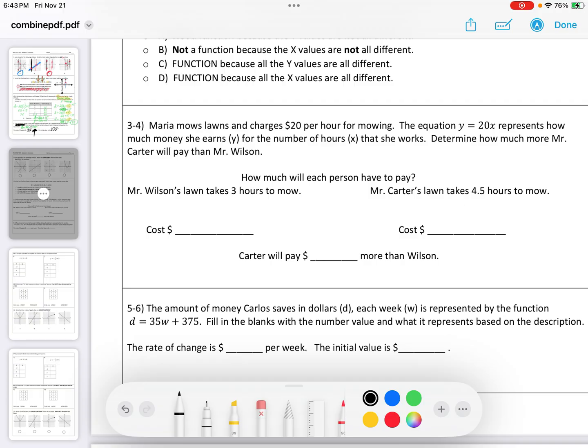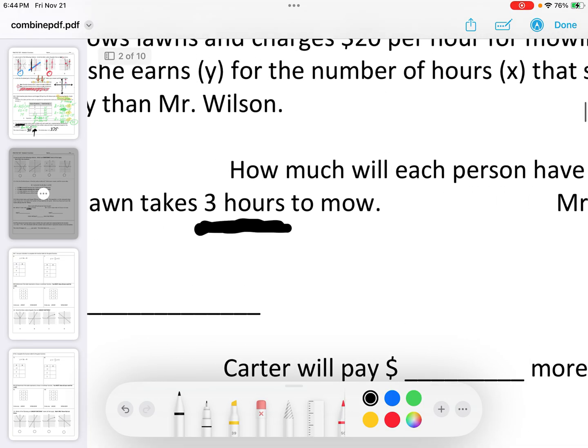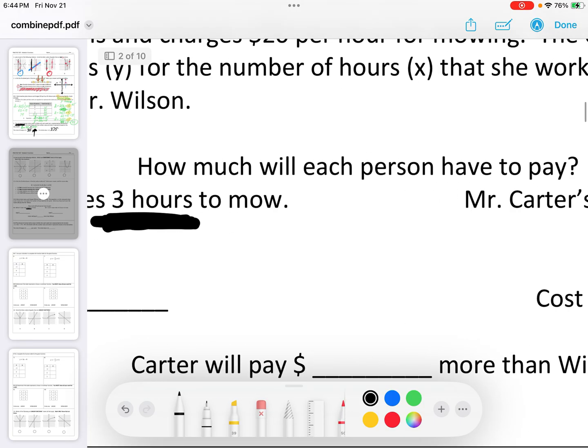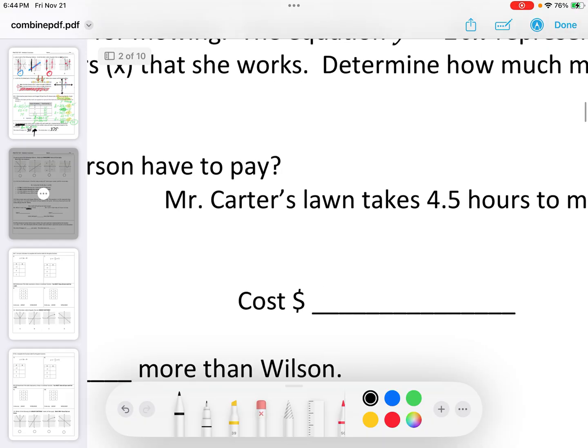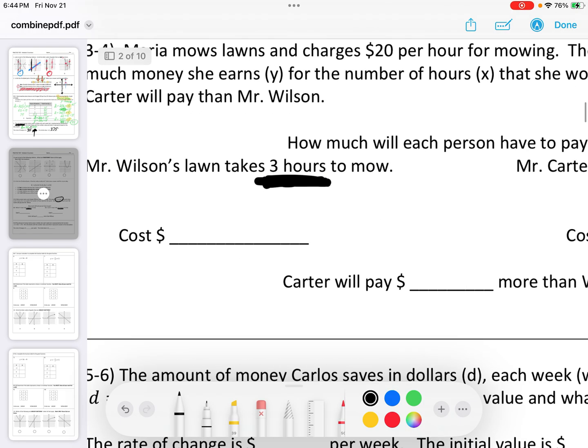Determine how much more Mr. Carter will pay than Mr. Wilson. Okay, well, Mr. Wilson, it's just a matter of time. 3 hours versus 4.5 hours. Hey, that's not bad. Okay, so 20 times each of them.